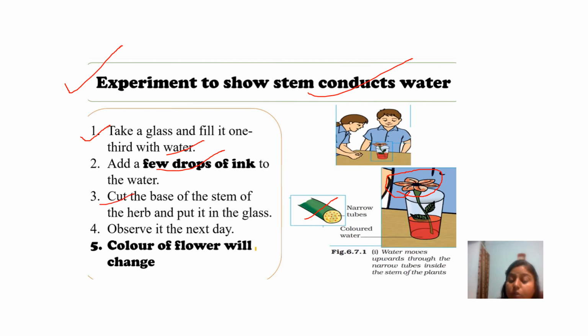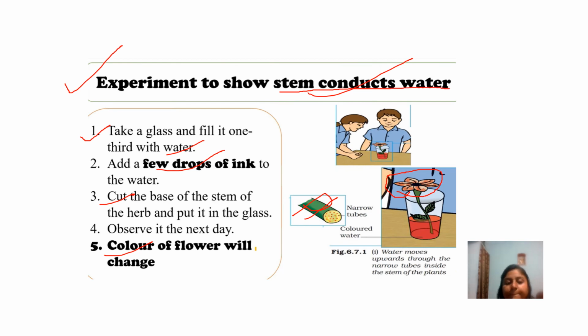Then cut the base of the stem, like this, and put the stem of the flower in the glass. Observe it the next day. The color of the flower will change. So what does it show? It shows the stem conducts water.